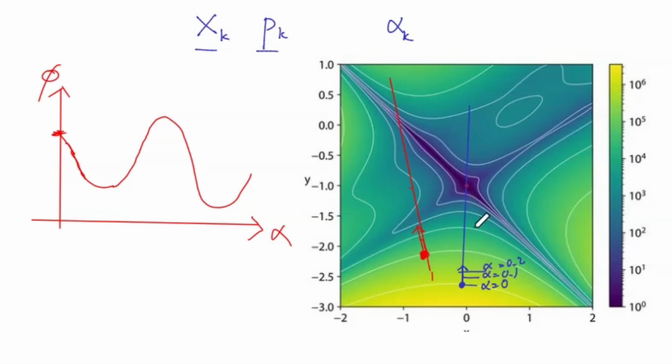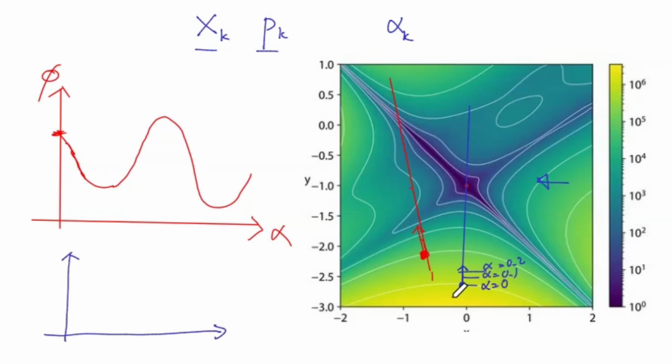Just imagine we take a knife to cut this, and then we view from this direction. What happens to this contour is actually a graph like this.